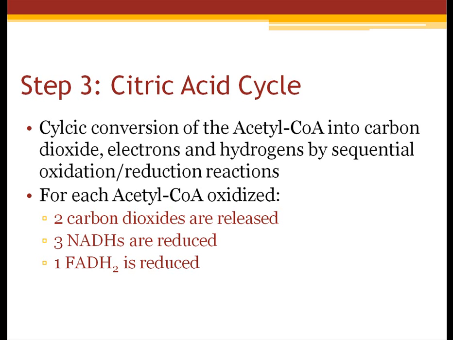We do see 3 NADHs reduced, and that other coenzyme, FAD, reduced as well. For each turn of the citric acid cycle, we have 2 carbon dioxides, 3 NADHs, and 1 FADH2. But recall, there are 2 pyruvates, and so this cycle has to occur twice for 1 glucose molecule.